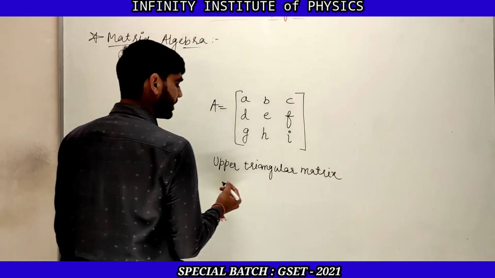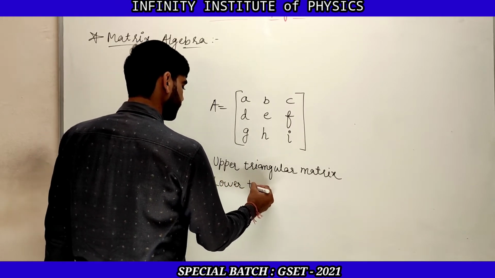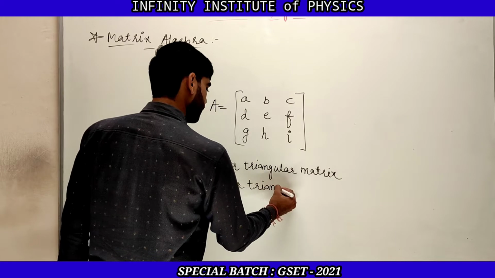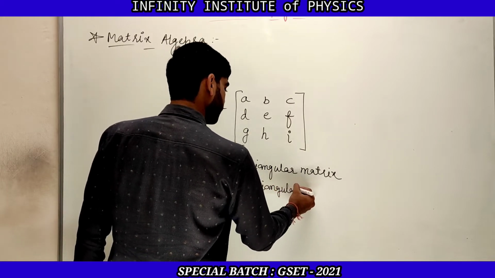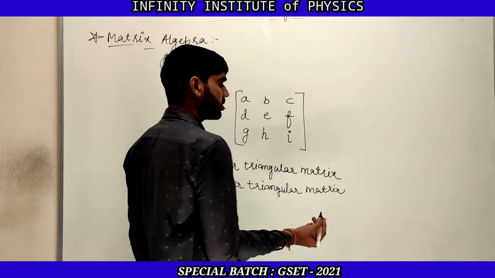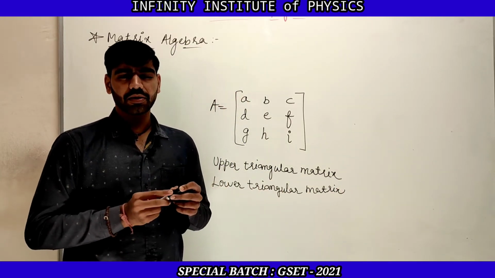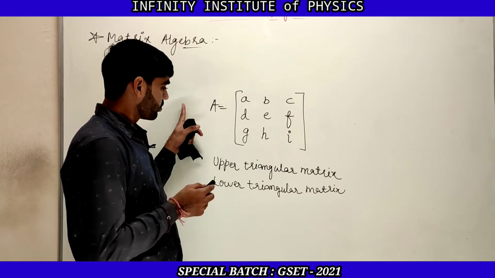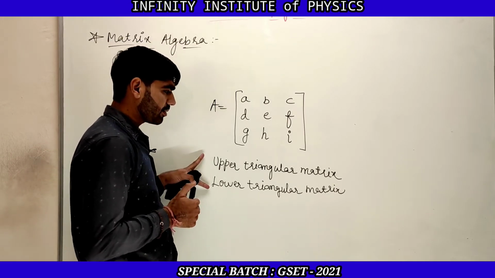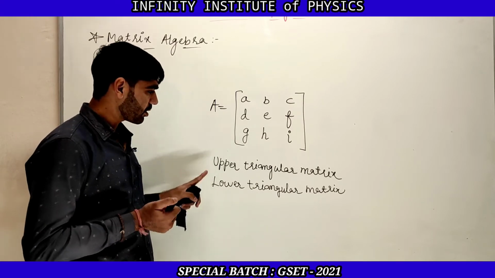And the same kind of term, we have lower triangular matrix. These are old definitions that you already studied in 11th-12th standard, but I am just repeating all the definitions. So there are two terms related to matrices, in particular for square matrices: upper triangular matrix and lower triangular matrix.